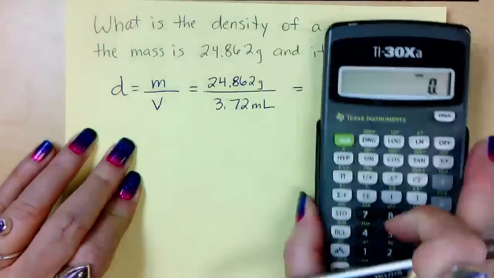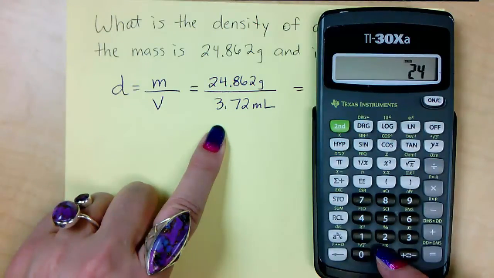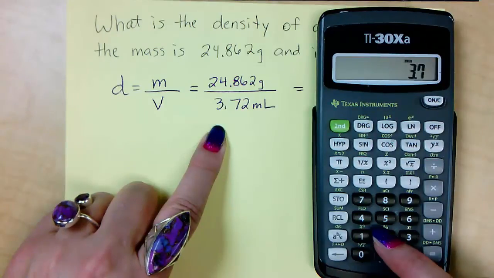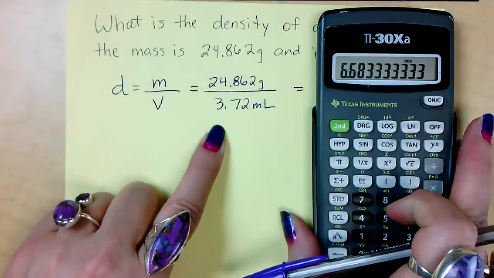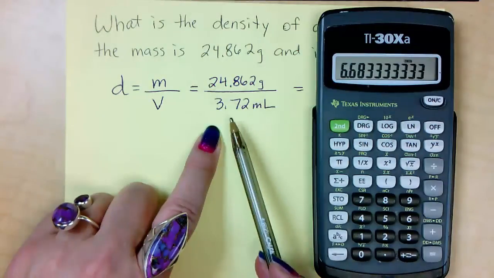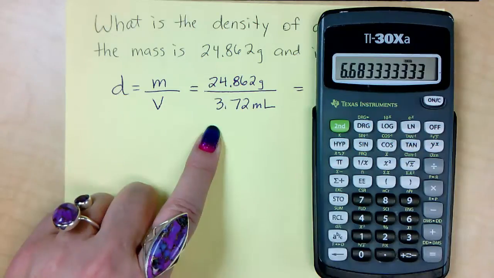Let's grab our calculator. So 24.862 divided by 3.72 equals, we get a big long number. How many sig figs? Top number has 5. Bottom number has 3. Which do we go with? Yes, the least.